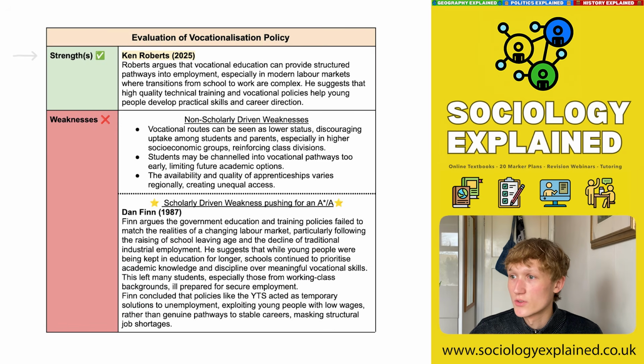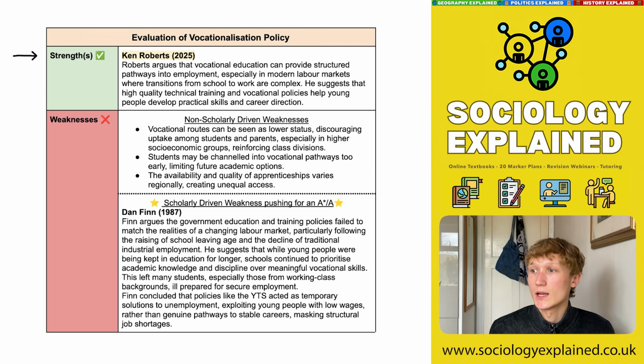So scholars to think about in relation to this are Ken Roberts, 2025, who supports vocationalisation, who argues that this provides sort of structured pathways into employment, particularly in modern labour markets where it's difficult to easily transition from education to work. And he says that this highly technical training helps young people develop practical skills that will give them a career direction.